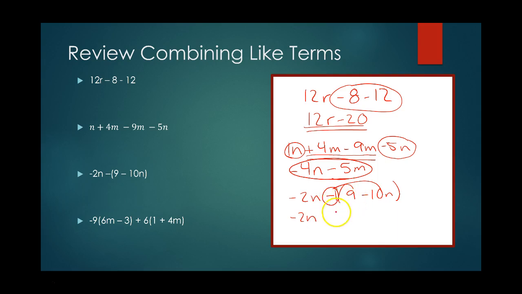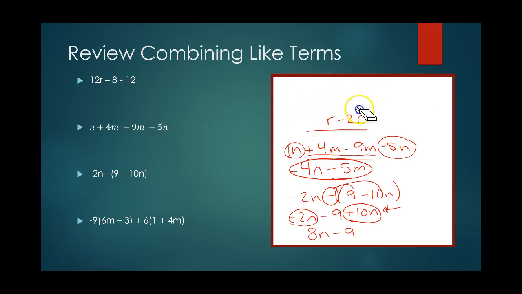So negative 1 times 9 is negative 9. Negative 1 times a negative 10n gives you a positive 10n. So notice I just changed the signs of everything inside. Now that I distribute, I can still combine like terms in this step. So n's can only go with other n's. So negative 2 plus 10 gives you a positive 8, n minus the 9.